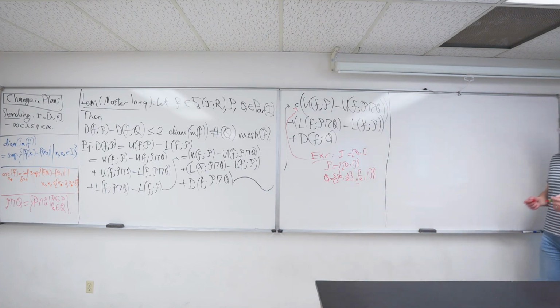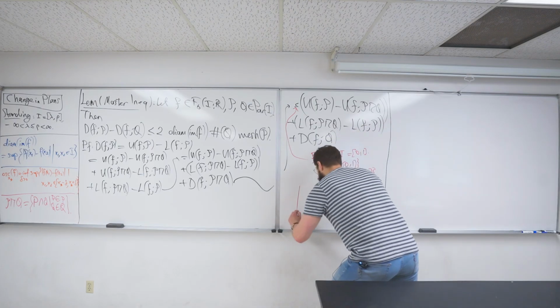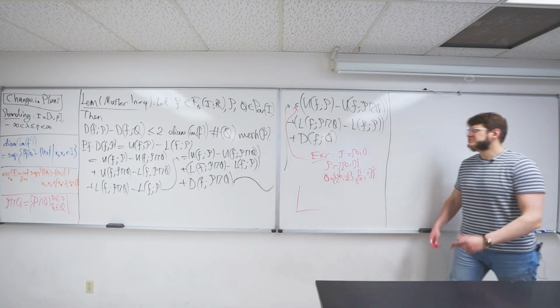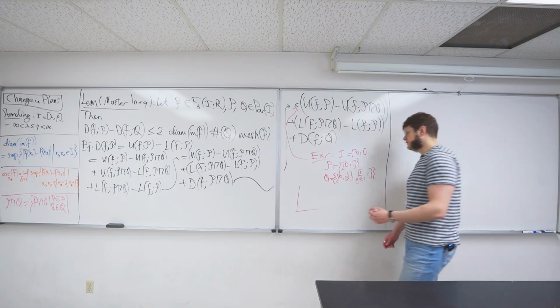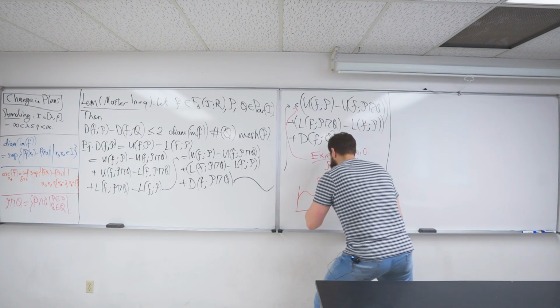Let's look at this case. And I'm going to take a function. I'm just going to take a continuous function because they're easier to draw. So let's say something like this. That's my f.